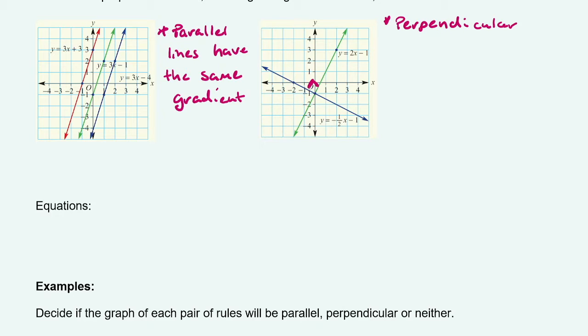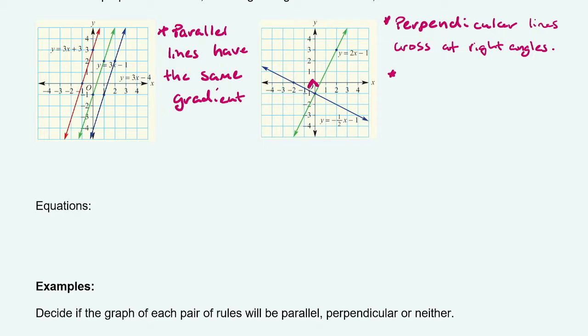Perpendicular lines cross at right angles to each other, which means there's a special thing happening with their gradients. Essentially, we're turning the gradient upside down and making it negative. So we're finding what we call the negative reciprocal.